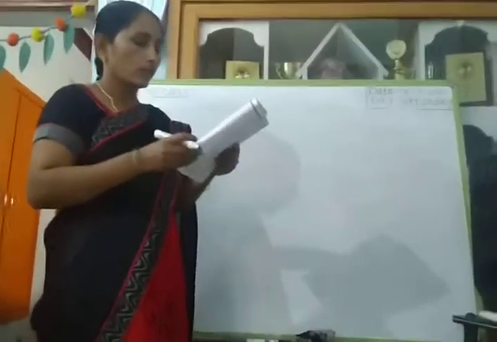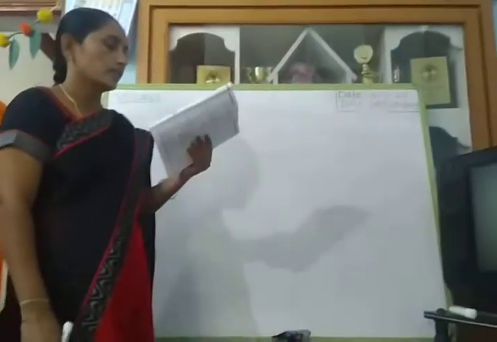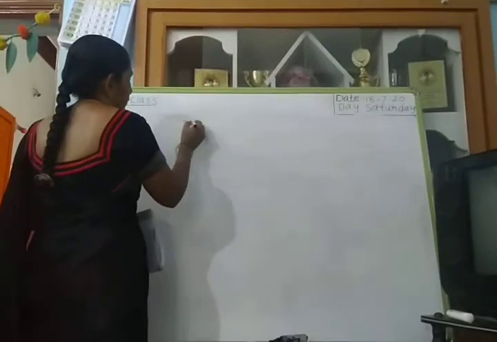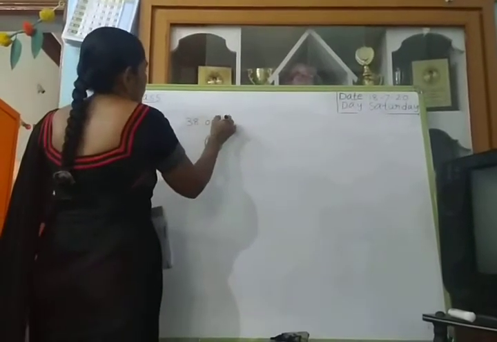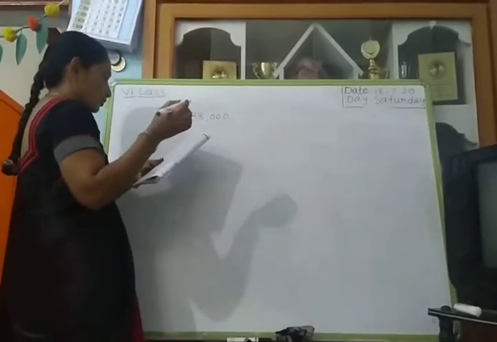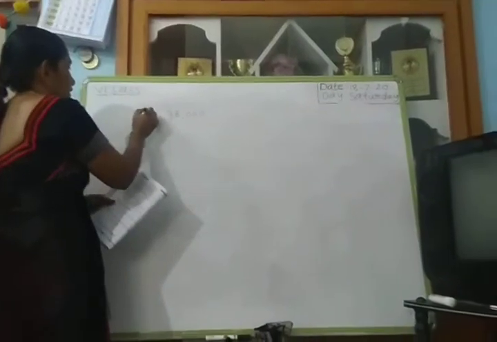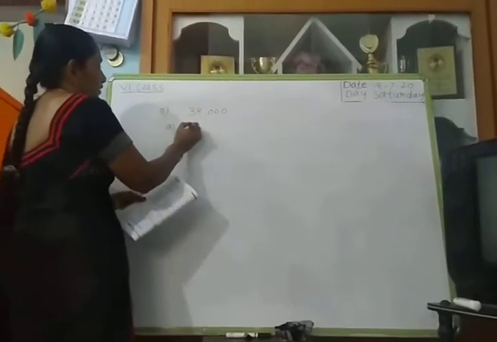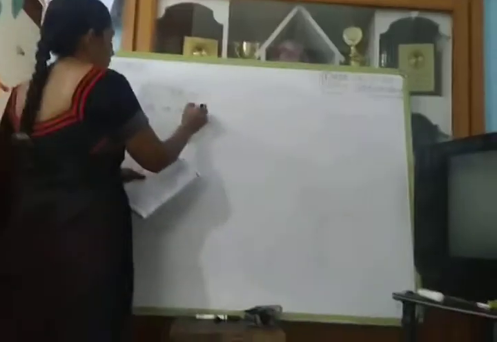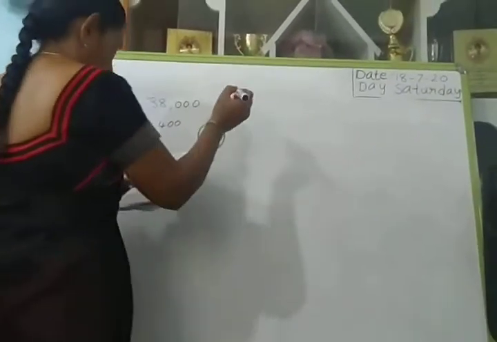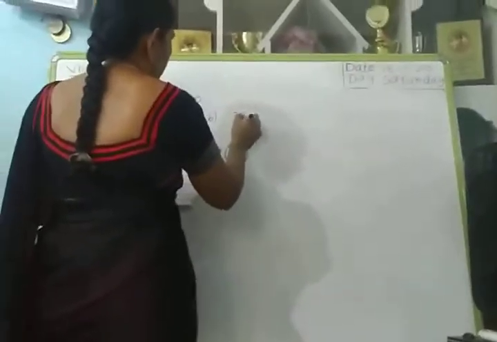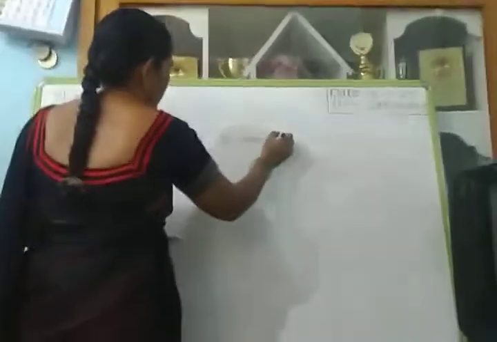Which of the following, when you round off to the nearest thousands, is 38,000? 13th question. Option A, 38,400. Option B, 38,500.